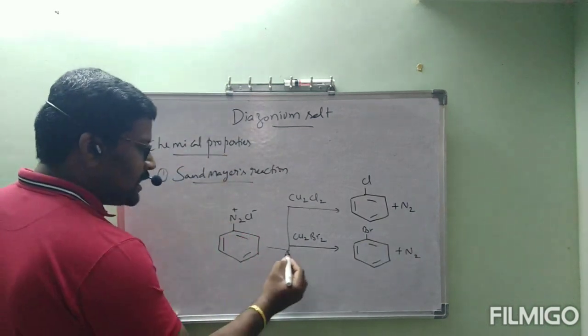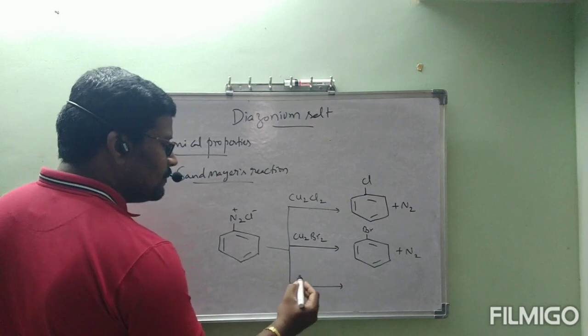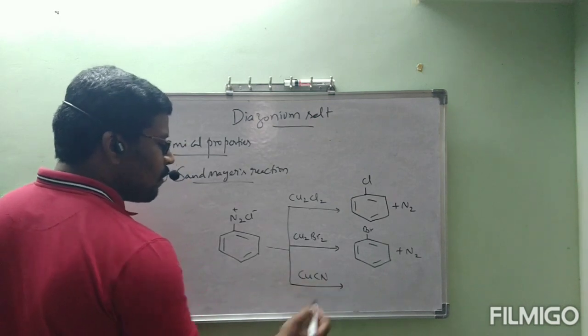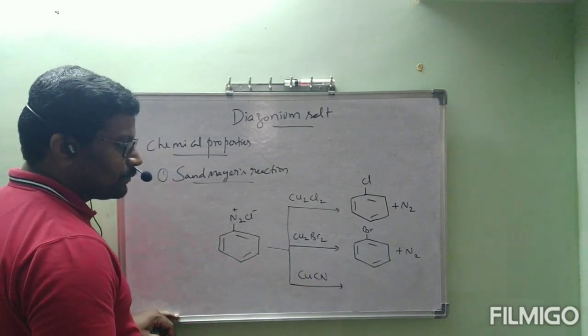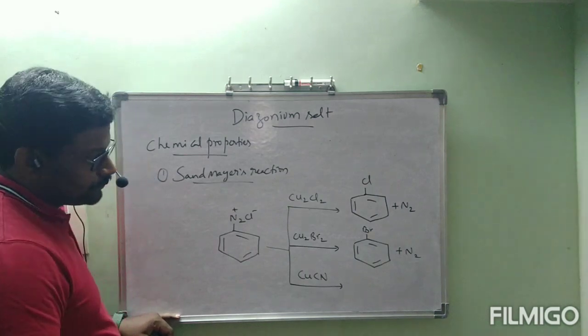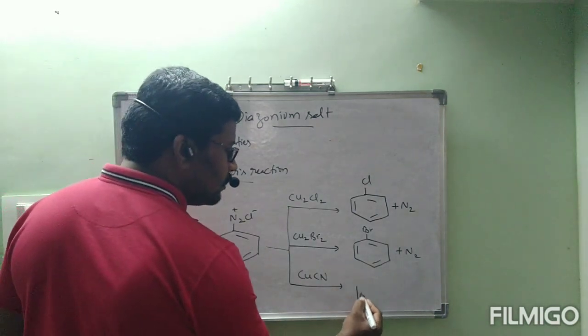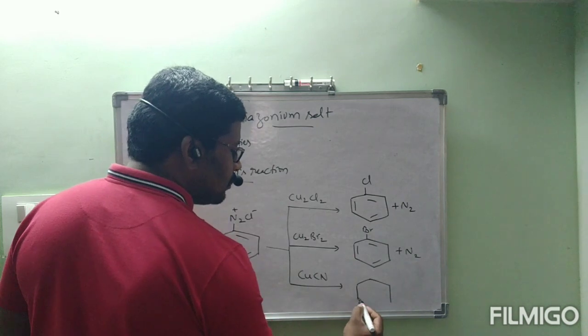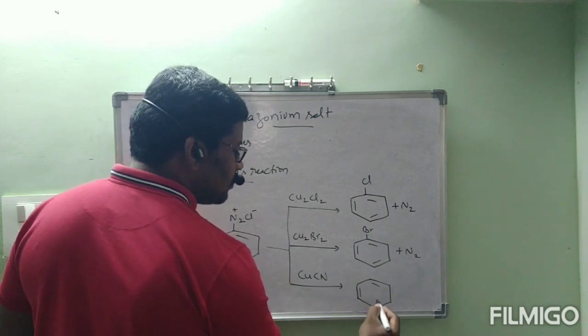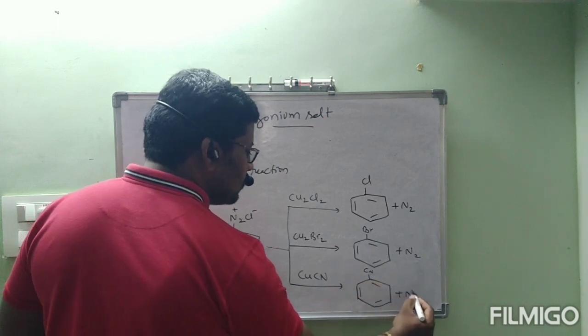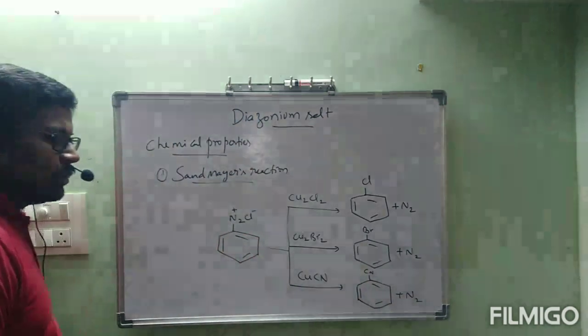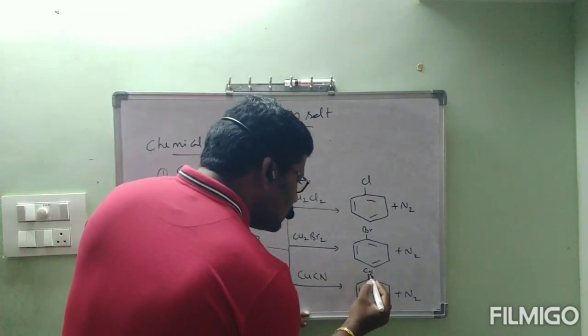Next, same thing, it will be reacted with CuCN, cuprous cyanide. We will get cyanobenzene plus N2. CN this is.